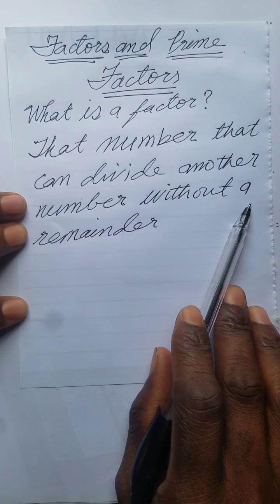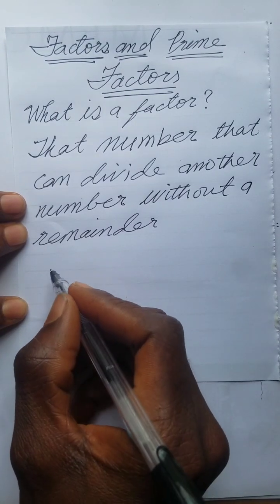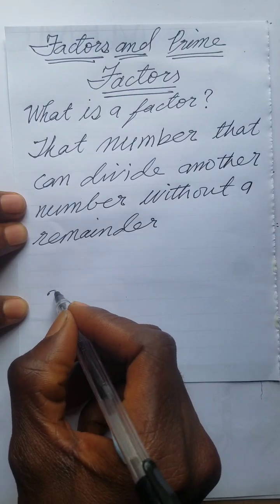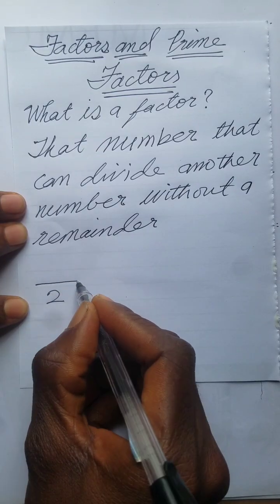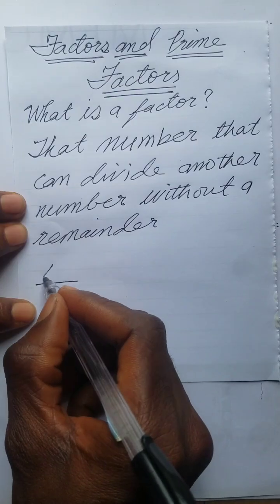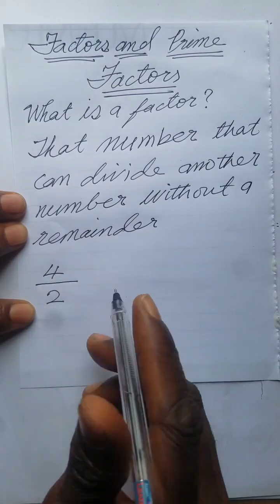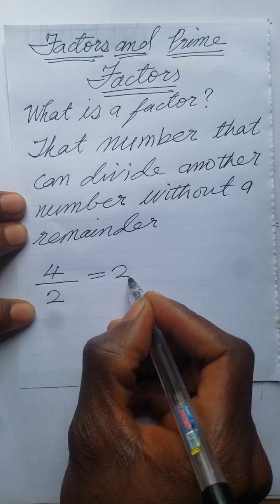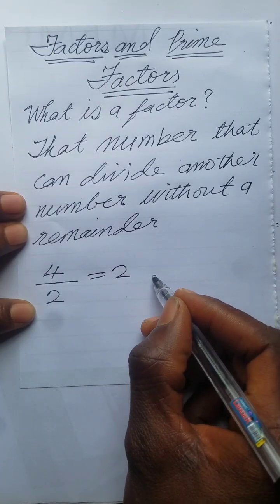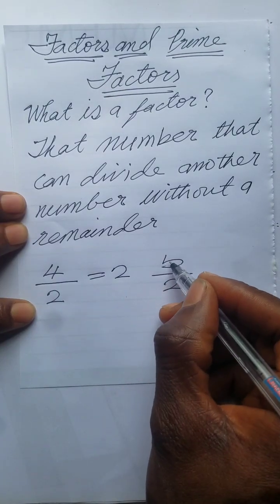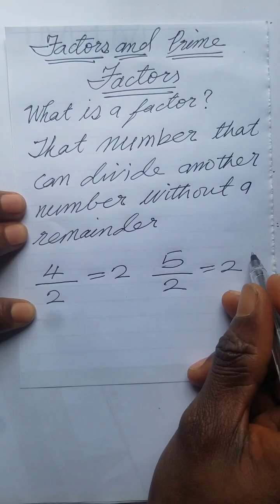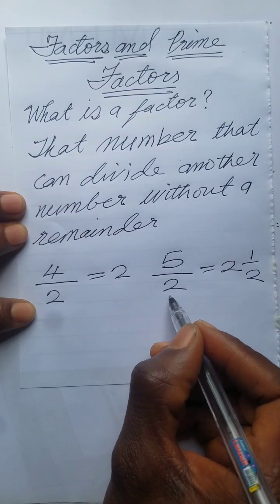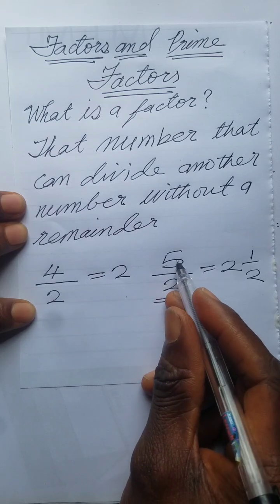What do I mean? I simply mean that for a number 2 to be a factor of another number, say 4, it should be able to divide 4 without a remainder. If 2 divides a number, say 5, and there is a remainder of 1, then 2 is not a factor of 5.